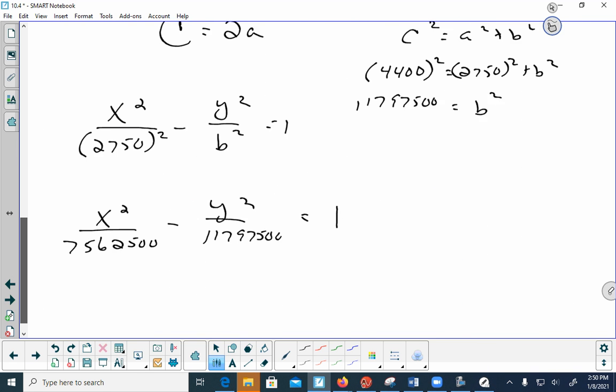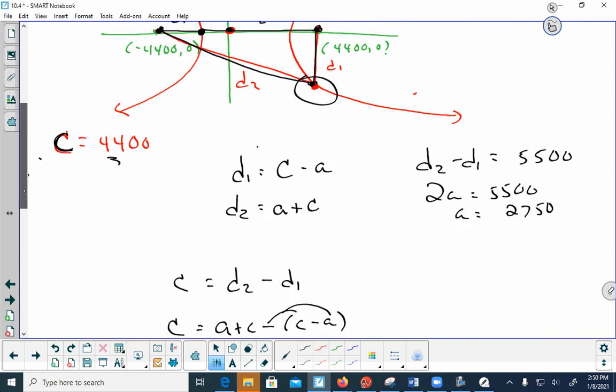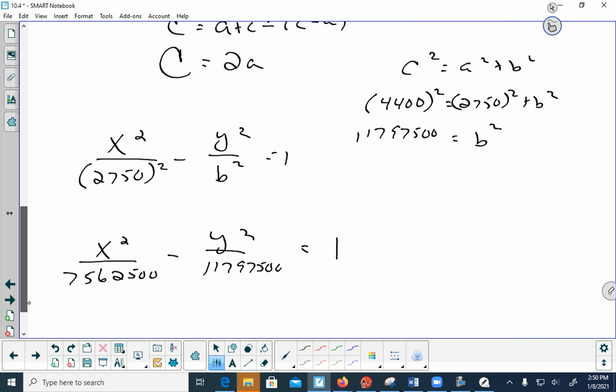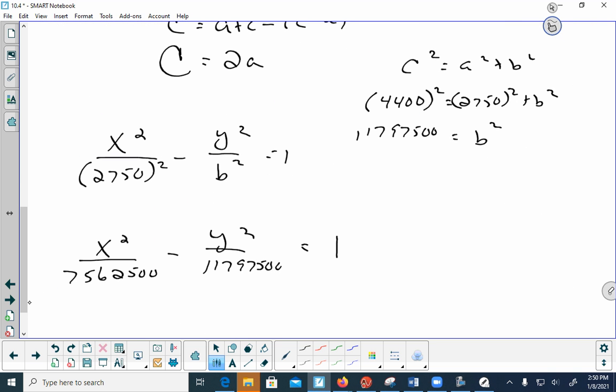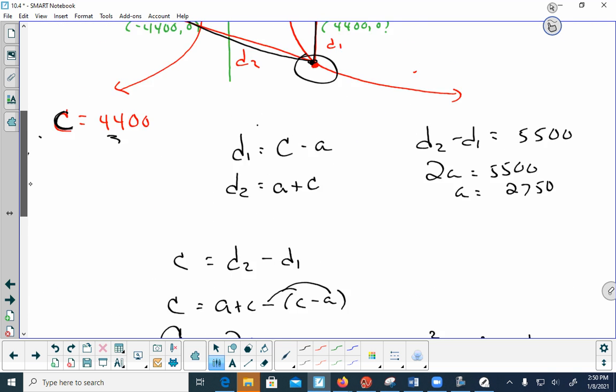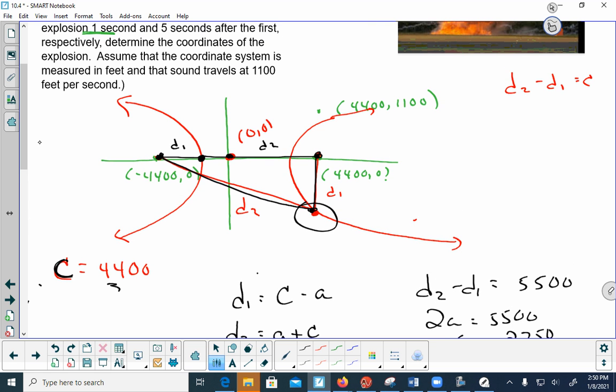So to do that, I have 2 unknowns right now: x squared and y squared. But I do know one of them. Remember when we said it was a direct vertical line, and it had to be a direct vertical line to make this exactly 1 second later. So that means this x coordinate is going to be 4,400, and I'm looking for the y coordinate.